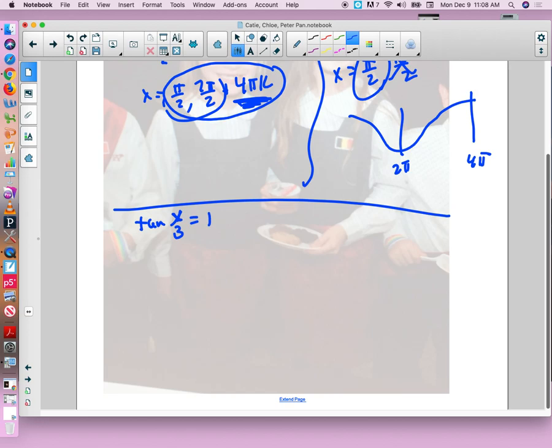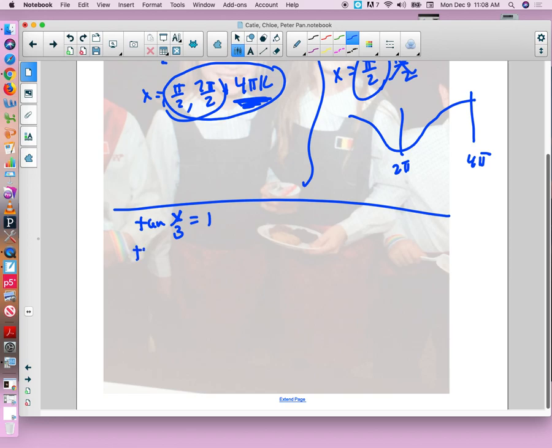So that's awesome. But why am I being really adamant right now about watching? Because all of a sudden we have a different period, right? We have tangent, which only has a period of pi. You got to be aware of the period of the graphs that you have, okay?